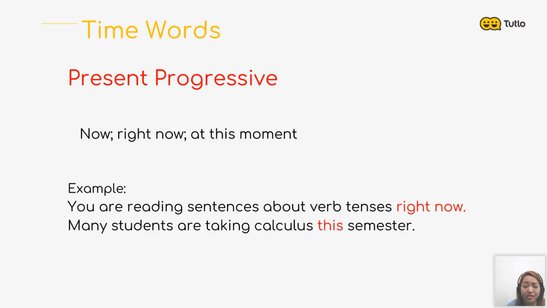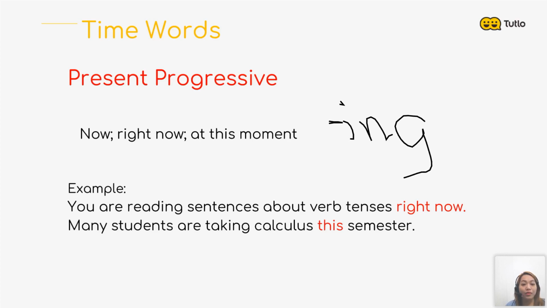And when we say present continuous, we're talking about now, right now, at this moment of speaking. Yes. And of course, with present continuous or progressive, we always have the verb plus ing.